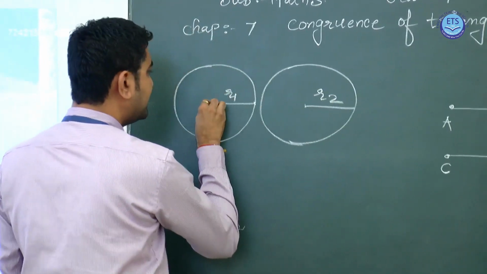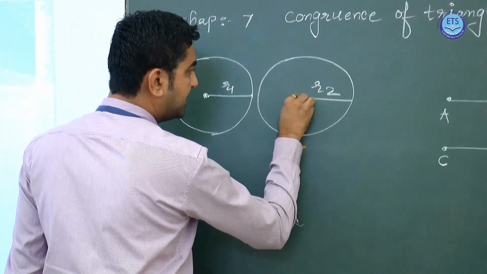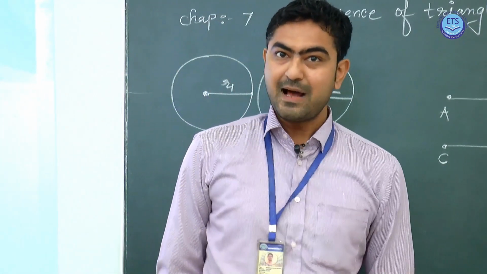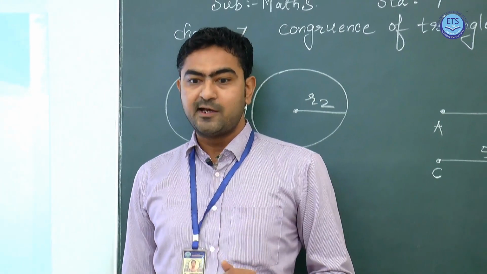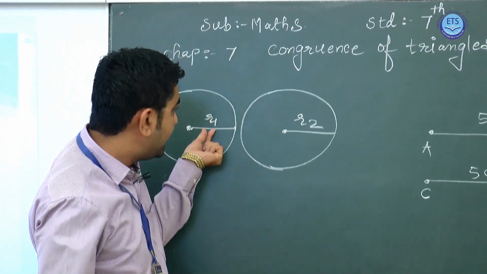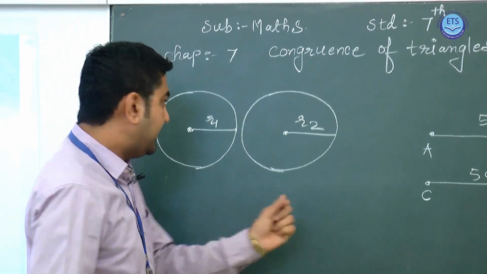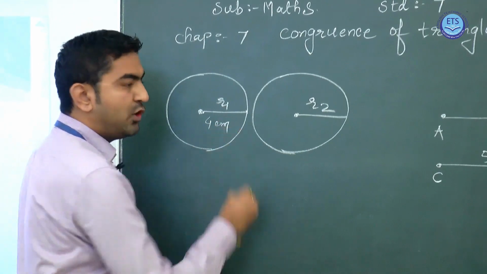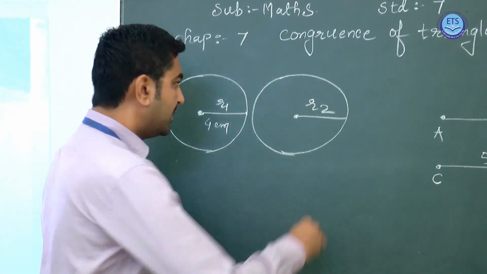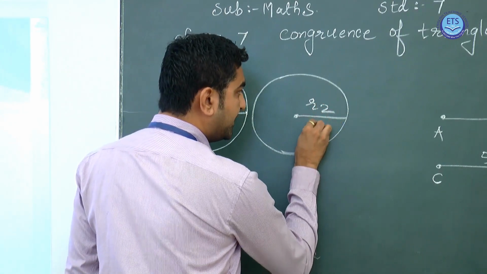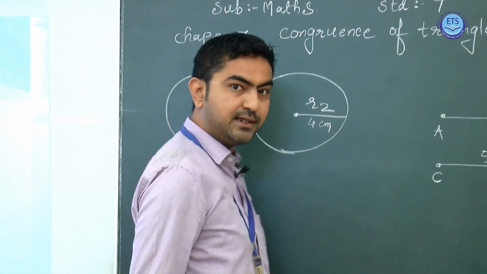Here this is the center of the circle, and this other point is also the center of the circle. Now in both circles we are taking the radius as R1 and R2. In the first circle, the radius R1 is 4 centimeter, and in the second circle, the radius R2 is also 4 centimeter.